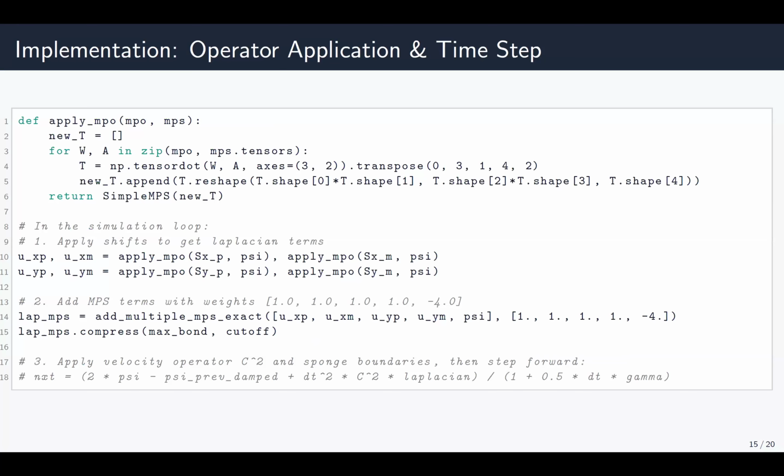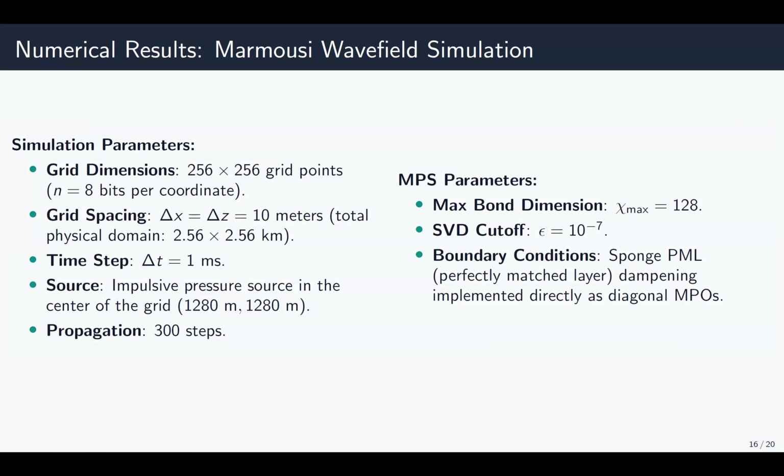Okay, I skipped the concrete Python code, we can look at it later. And then I show you a simulation where we did a direct simulation. So it's just this step-by-step simulation and the matrix product state simulation.